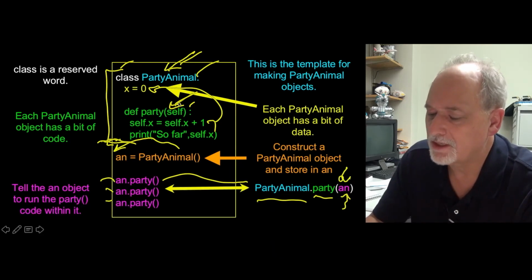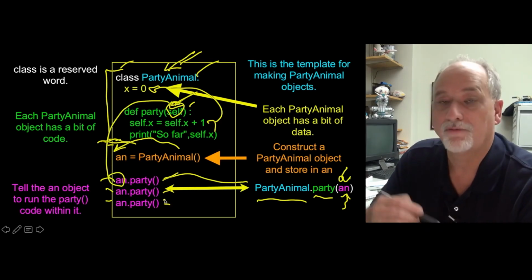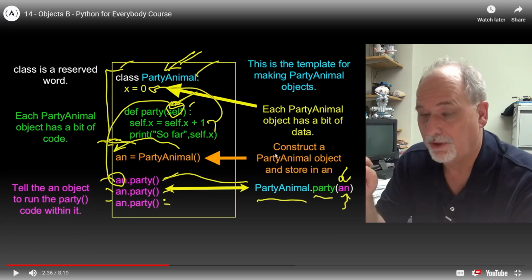And so self ends up being an alias of an each time these are called. Now, if we make a different variable and a second object, which we will. Oh. Yeah, I see. So he's explaining why we don't have to put an argument in here, because this is doing this right here, and the self knows that it works. Nothing means target the instance.